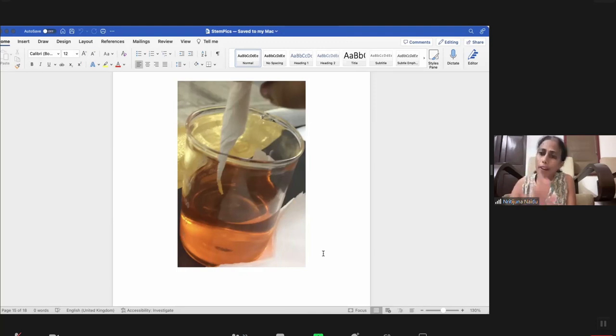So for your file as well, now that's the end of the presentation. For your file, I'd like you to research on these terms and write down for yourself, okay? One is turgor pressure, what it is. Look up capillary movement, osmosis. This process was osmosis, right?